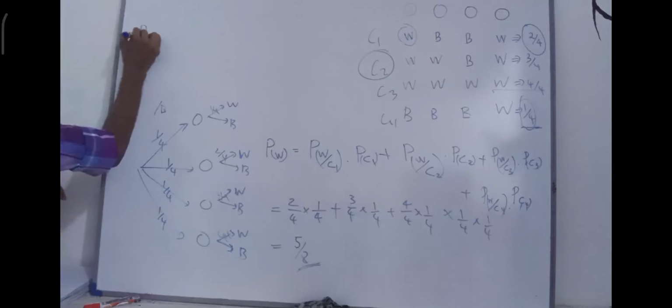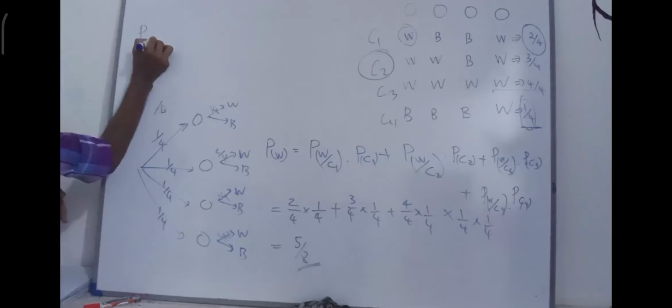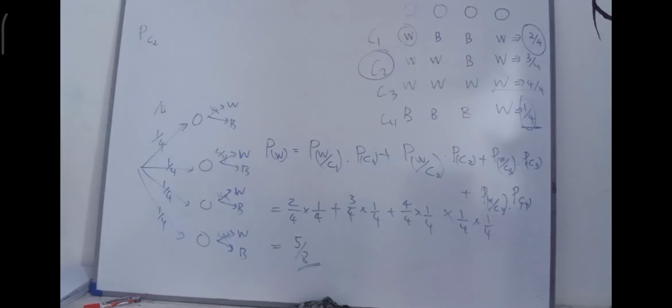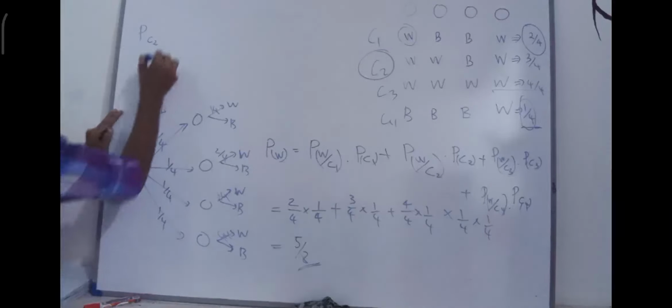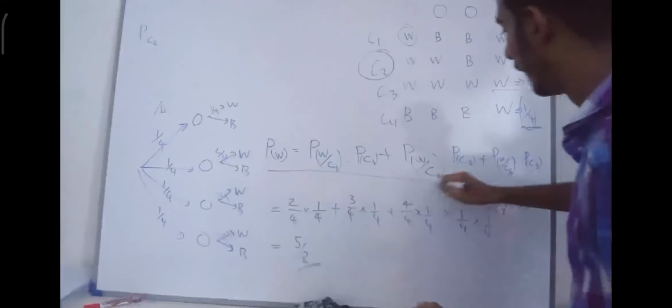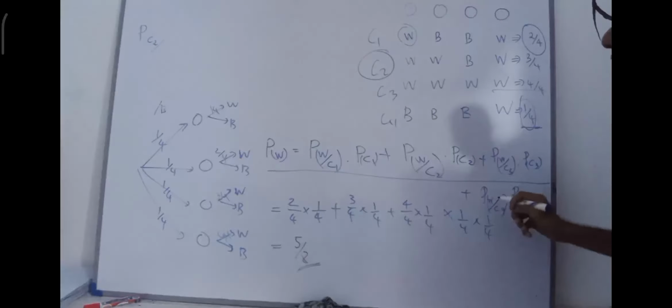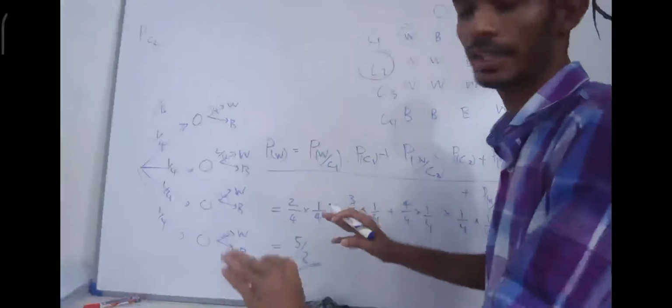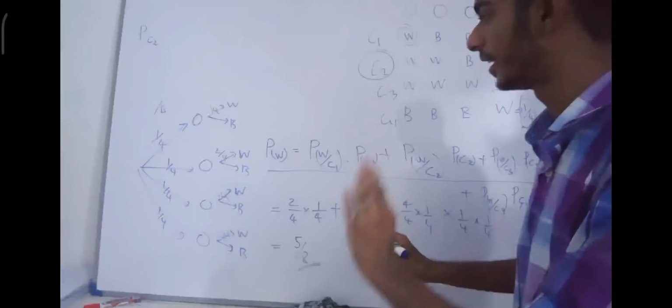So probability of C2, given that a white ball is drawn. So when the white ball is drawn, probability of B initially. Now this is the scenario.